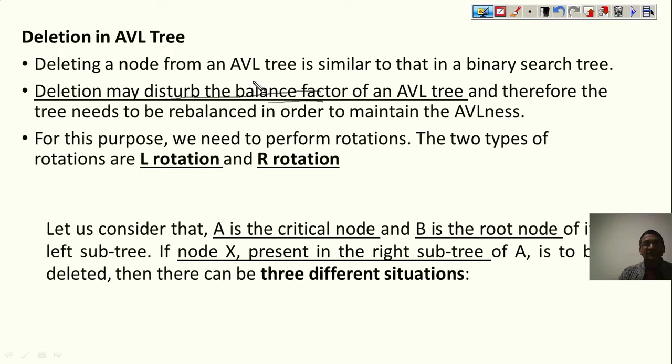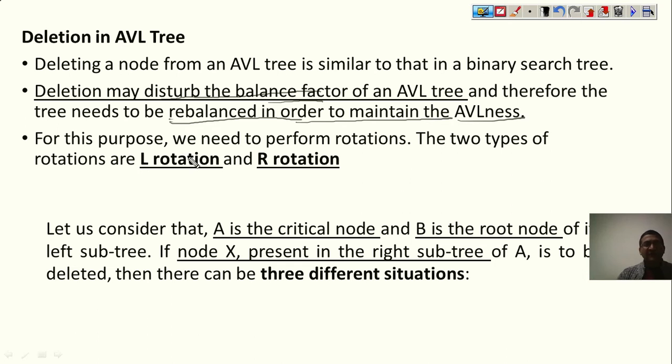Plus 1, minus 1 and 0 are assumed to be balanced values, and whenever any node has a value outside these three, it is said to be unbalanced and we need to perform some operation. Because of the deletion the tree may become unbalanced, and then we need to rebalance it to maintain the AVL property within the tree.